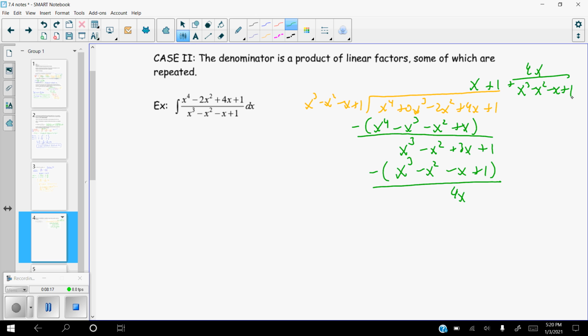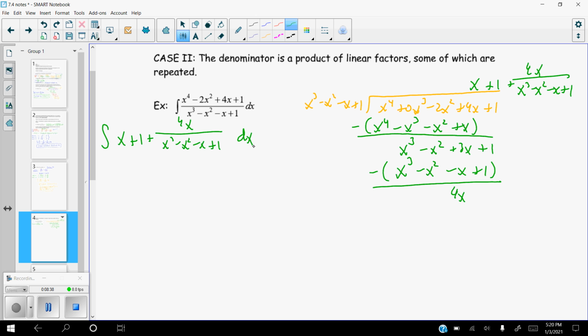Like I said, a bunch of work to do in this problem. What it gives me is the integral of x plus 1 plus 4x over x cubed minus x squared minus x plus 1 dx.